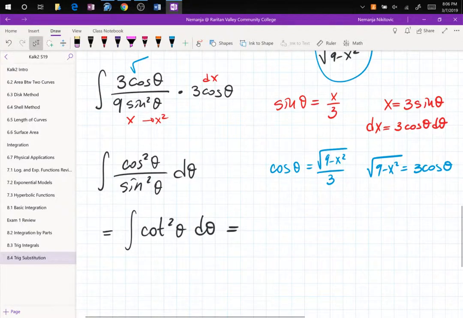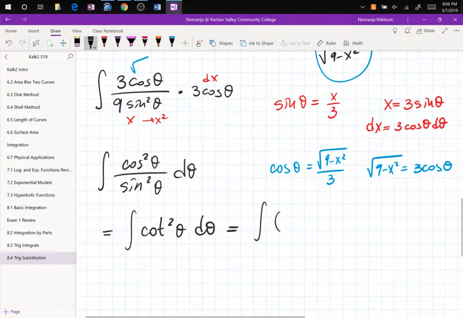From 8.3, our previous lecture, we need to integrate this. This is why I say you practice these problems, because they contain your previous section. So how do I integrate cotangent squared? I turn it into cosecant squared, because I can integrate cosecant squared. It's a basic integral.